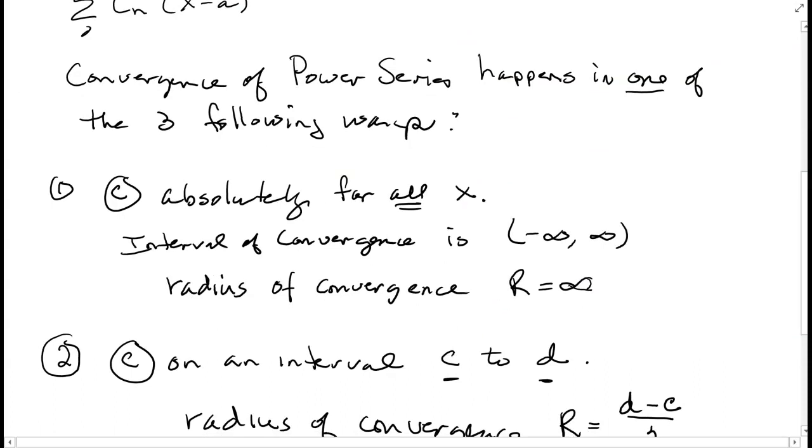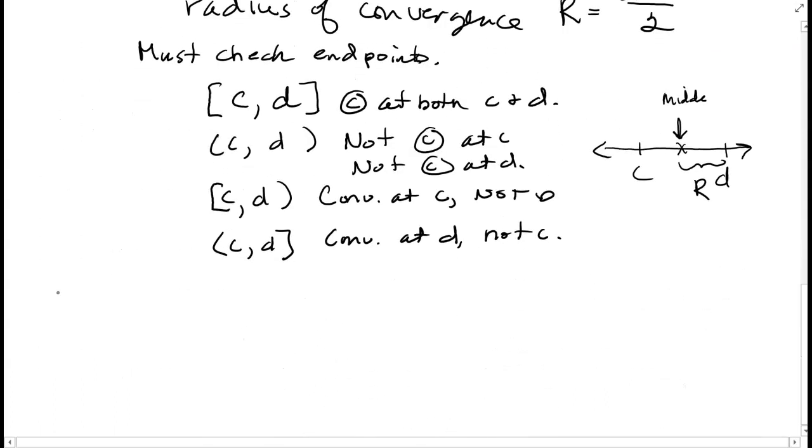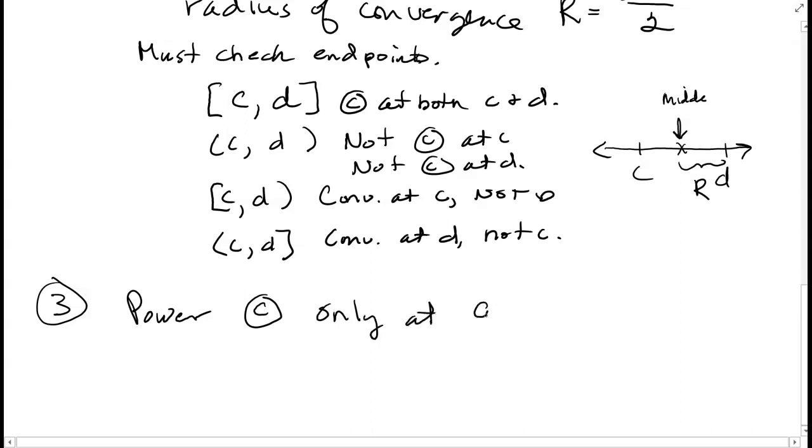Okay, so there's our two scenarios that we already have kind of seen examples of, but there is a third scenario that can happen when it comes to convergence. Sometimes a power series, and again, that includes all Taylor series as well, converges only at the center. Remember, we call the center A. Only at A. If that occurs, then it has a radius equal to 0.